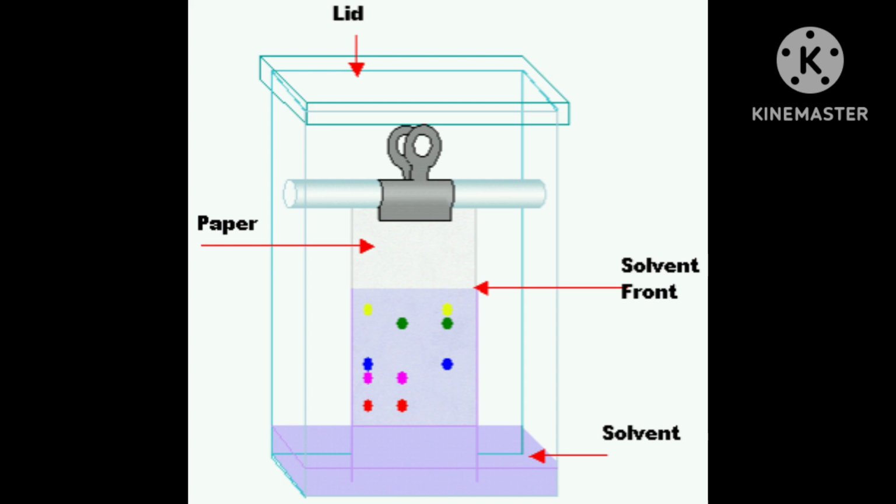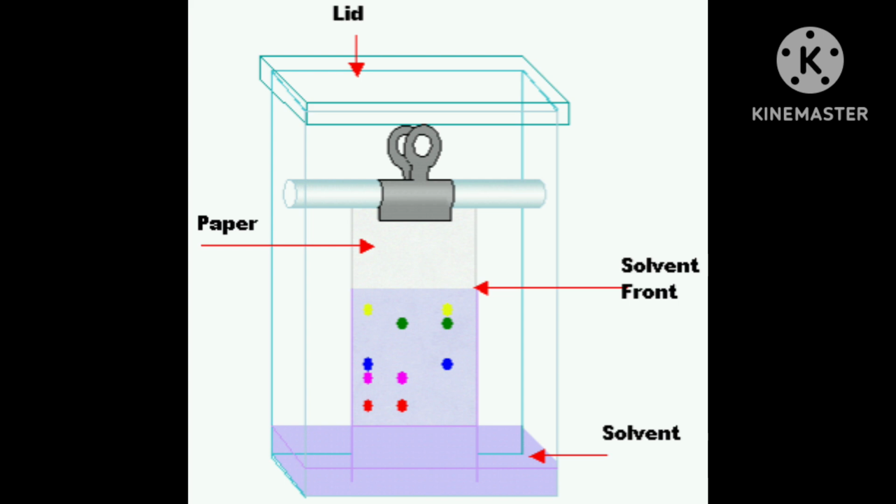Chromatography paper contains water trapped in it, which acts as a stationary phase. This chromatography paper retains some water. Some water molecules will be there on that paper, which acts as a stationary phase.